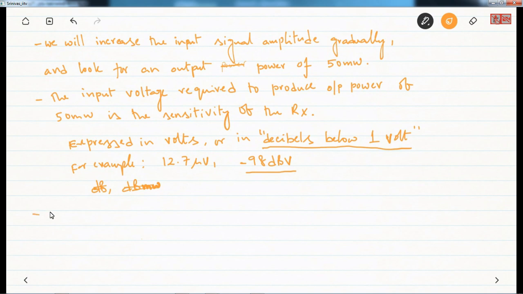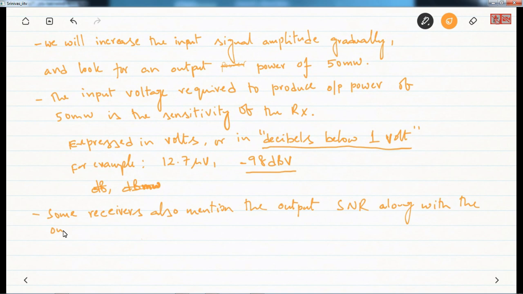So some receivers also mention the output SNR along with the output power. I'll tell you what SNR is.